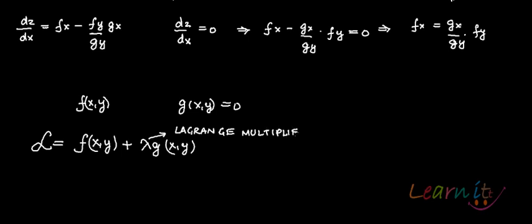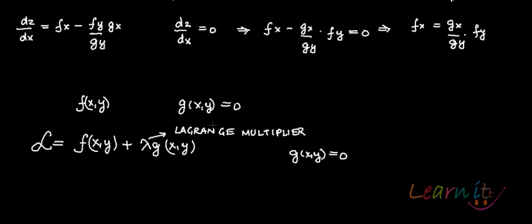You have to understand one thing, that g(x,y) is equal to 0. This is the constraint which you have.